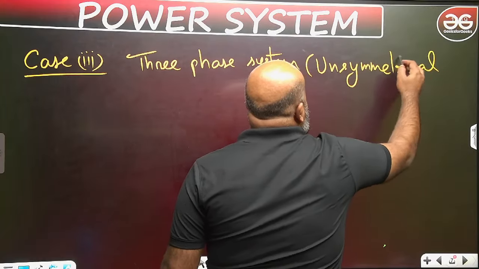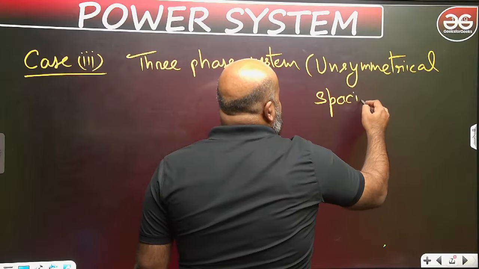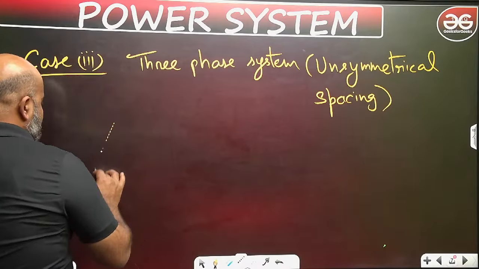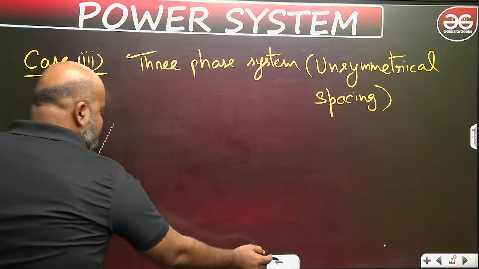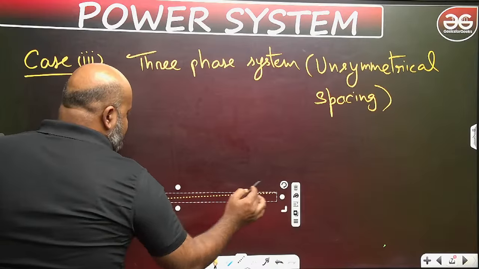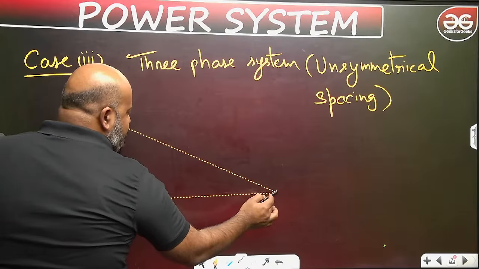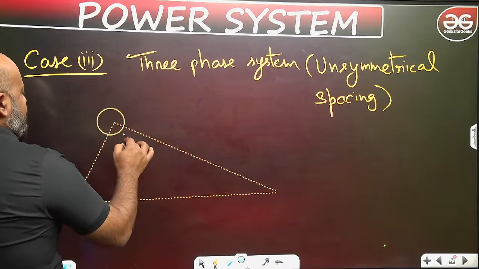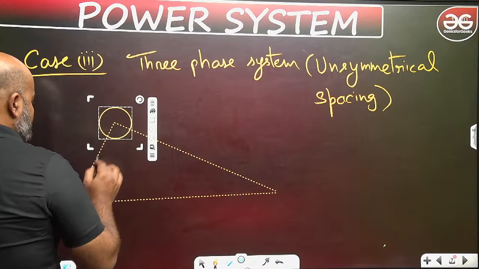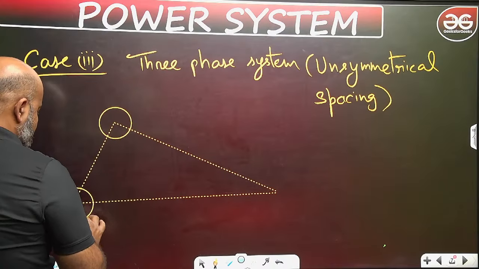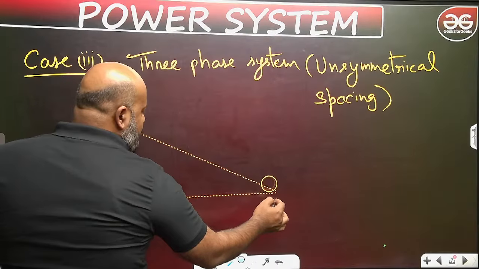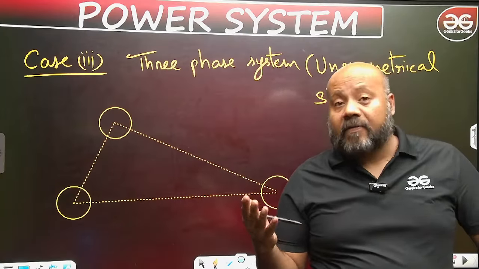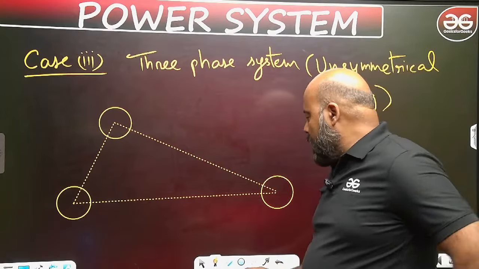Unsymmetrical spacing means, suppose you have three conductors for three different phases in such a way that their spacing is going to be different. Something like this. Suppose you have three conductors representing three different phases of your three-phase system.